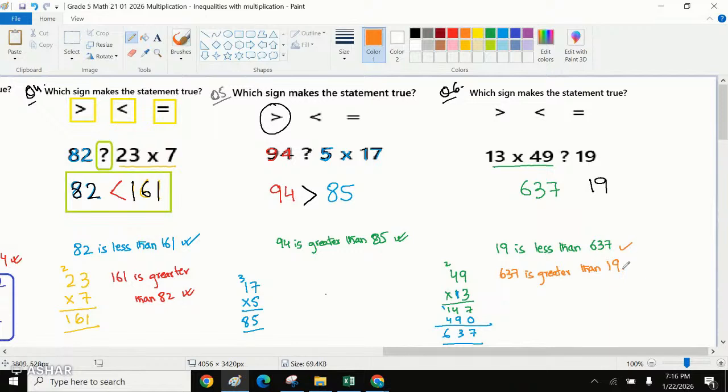Agreed? Both the statements are correct, right? So whichever the number is greater, the greater number will have the open end of the sign. That means this is the sign that we would use. Okay? So we are just looking at the signs. What signs should be there to make the statement true?